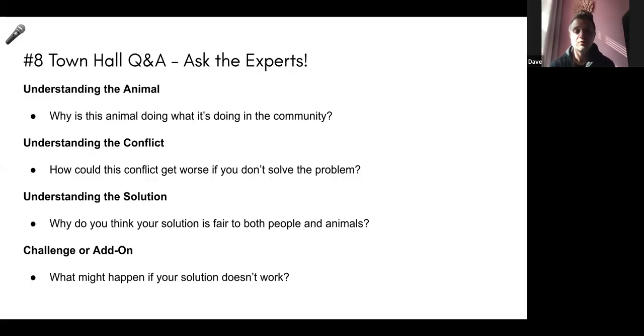What might happen if your solution doesn't work? What if those daisies don't stay alive? Okay? What if the fence falls down? What if there's a hole in the fence? Okay? What if it doesn't work? How can you change it? What can you do to better it? Okay?